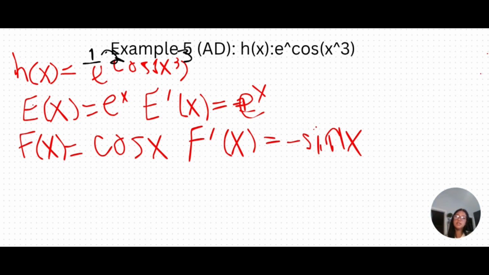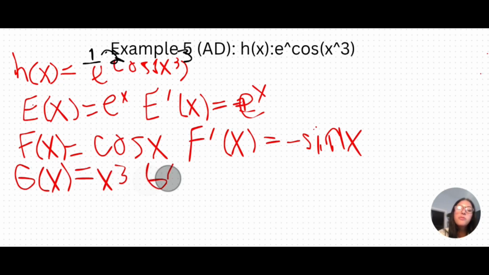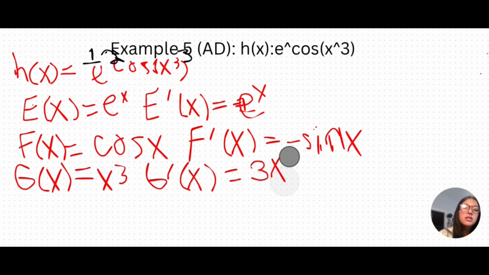And now, lastly, we need to find out our very inner function, which is going to be g of x. And we know that x to the third, the derivative of that would be, because of the power rule, 3x squared. So now we know all of these factors. So now we just need to write it in chain rule formatting.